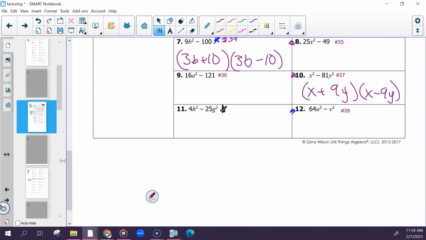What would those factors be? 2H. 5G. Okay. Questions on this process or anything so far?